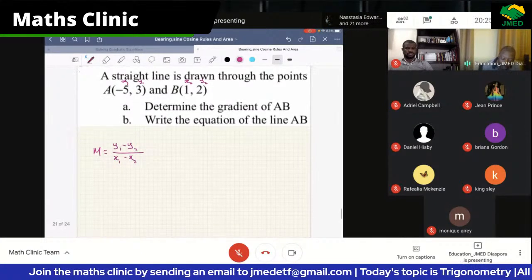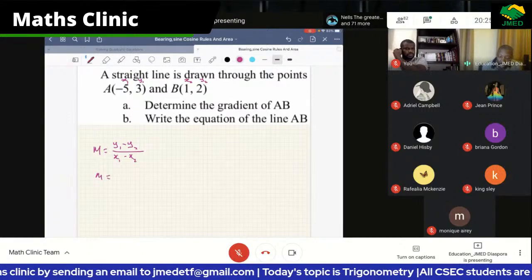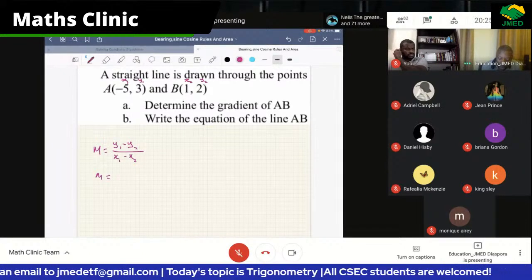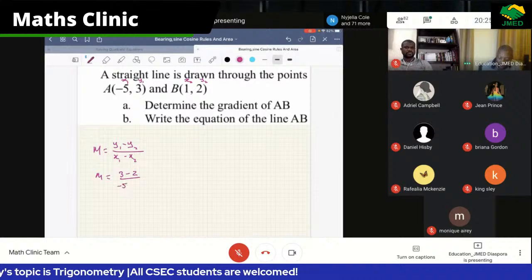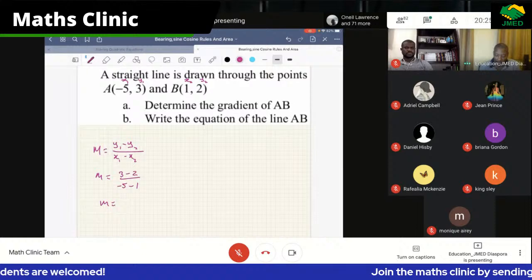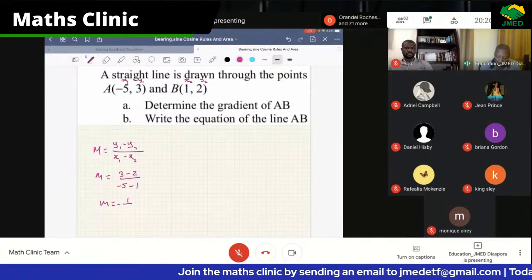We just need to know the difference in the y. So the y would be 3 minus 2 over negative 5 minus 1. Yes? So m would be negative 1/6. Okay?